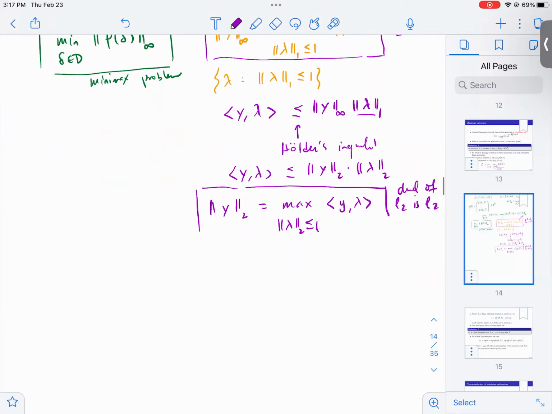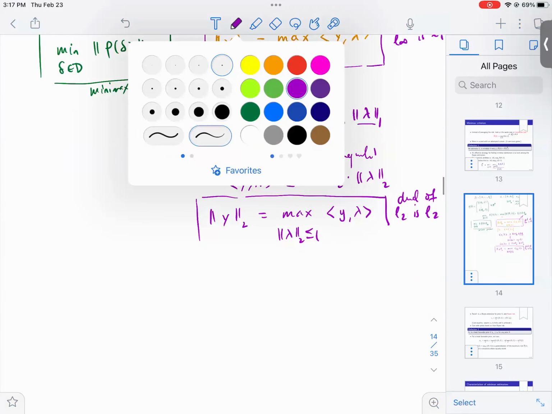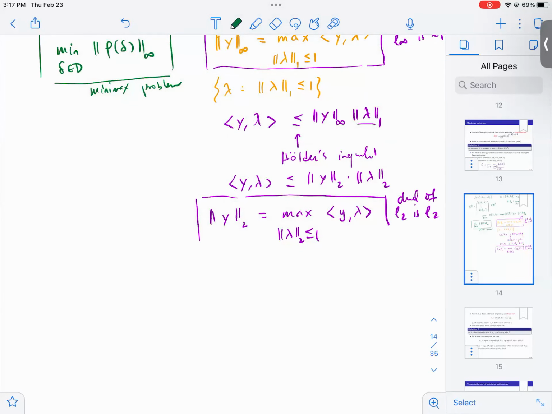Okay, we're out of time, but let me point out, maybe in one minute, why this is important. I can write this as min over delta in D, max over lambda in the L1 ball, of lambda transpose rho of delta.